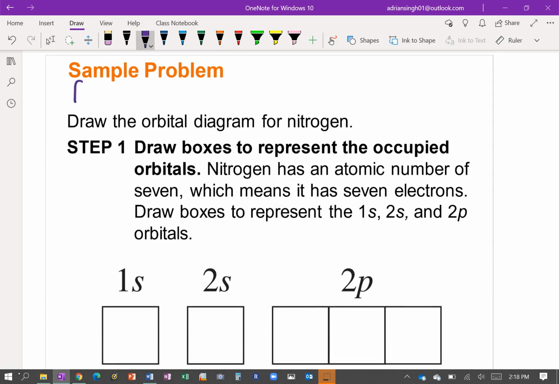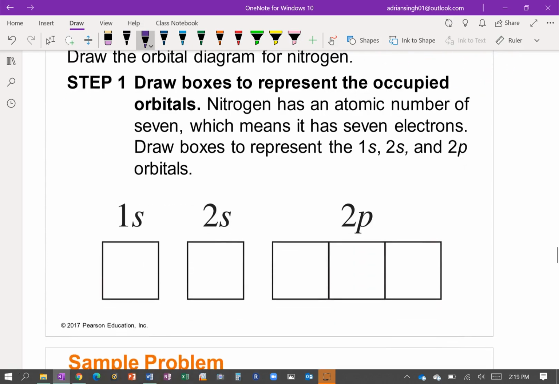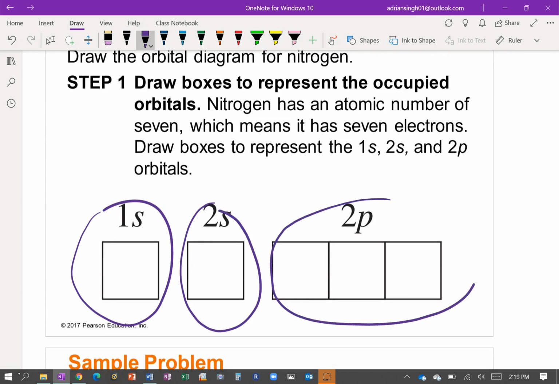From the periodic table, nitrogen has atomic number equal to 7. Okay, so that means it should have 7 electrons. All right, and then we have our boxes drawn in. We have our 1s orbital here, our 2s orbital, and then we have 3 of the 2p orbitals, right? These are right next to each other. They're connected because, remember, they have the same energy.